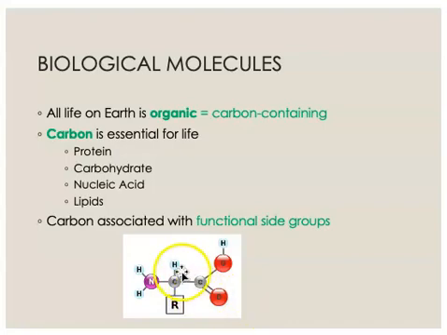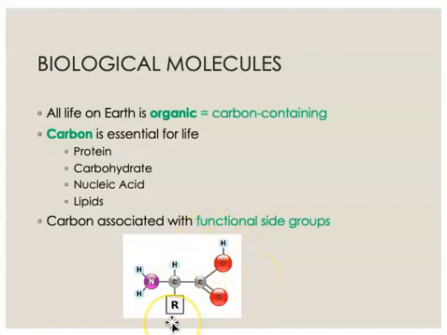All amino acids have a central carbon, and that carbon can create 4 covalent bonds. One of the bonds will be to a singlet hydrogen. One will be to a functional group called an amino group. One will be to a functional group called a carboxyl group.